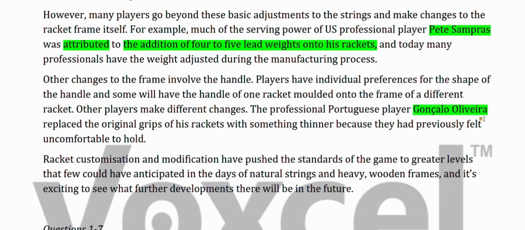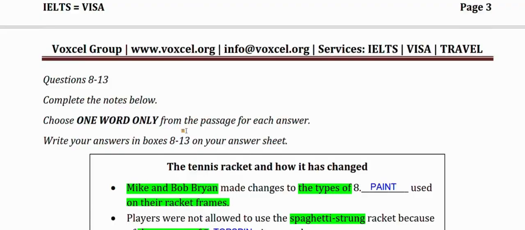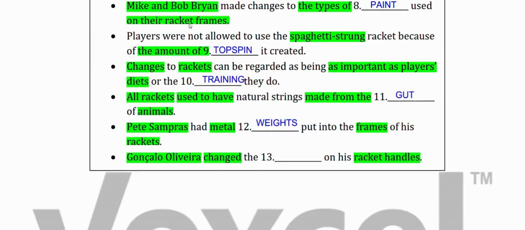The professional Portuguese player Gonçalo Oliveira replaced the original grips on his rackets with something thinner because they had previously felt uncomfortable to hold. Replaced just means changed. So what he changed: the grips. So our answer to this particular question should be, sorry about that, grips.